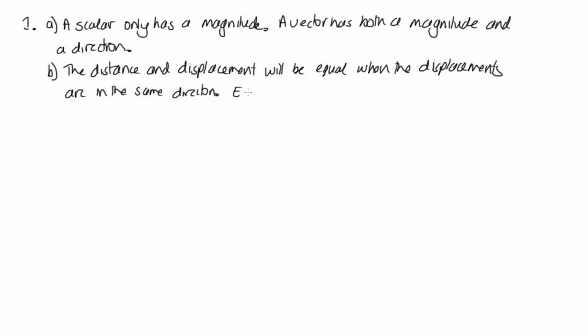So for example, we could have 4 meters north and 3 meters north. In this case, the magnitude of the displacement is equal to, there's our 4 meters north and here's our 3 meters north, and they're joined head to tail, so the resultant there is 7 meters, and the distance traveled we just get by adding these two, so that's 4 plus 3, which is also 7.